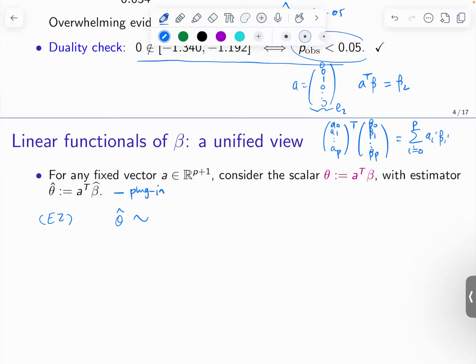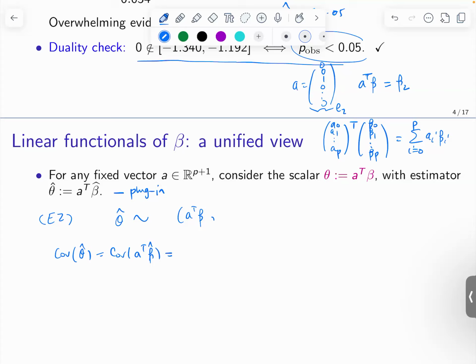So it would be A transpose beta hat, and then the covariance of theta hat, which is the covariance of A transpose beta hat.